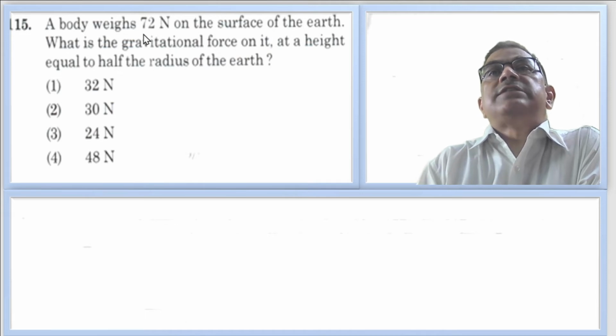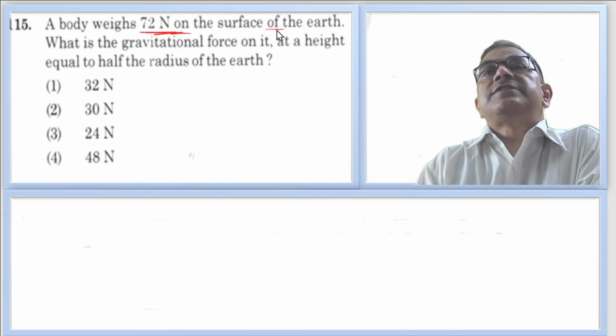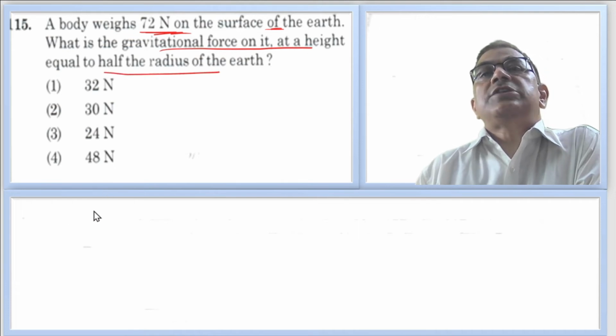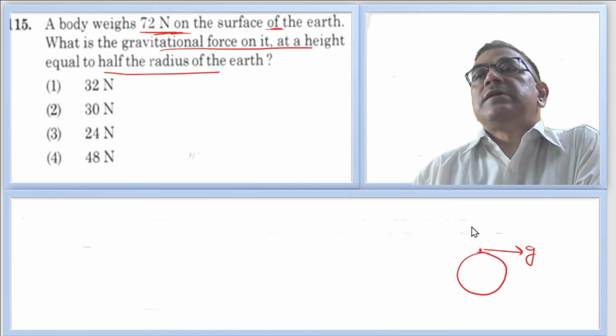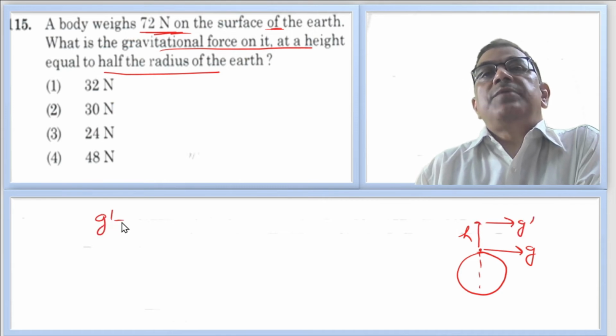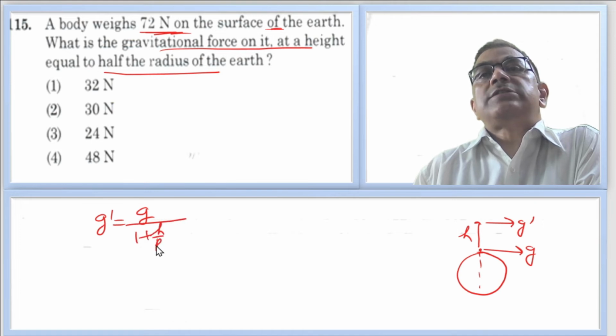A body weighs 72 Newton on the surface of Earth. What is the gravitational force on it at a height equal to half the radius of Earth? We know that g on the surface and g dash at height h above the surface is given by the relation g dash equals g into 1 plus h by Re whole square.